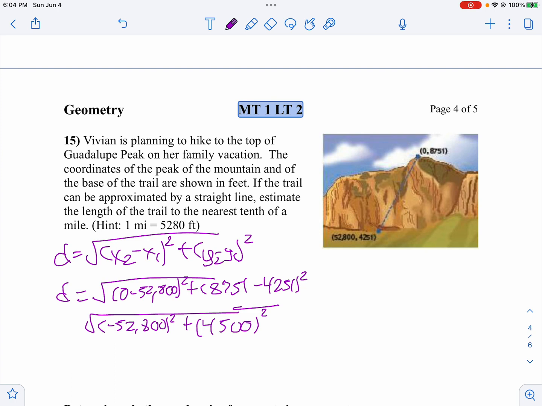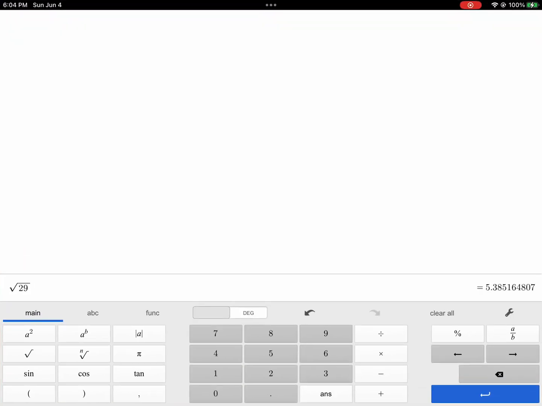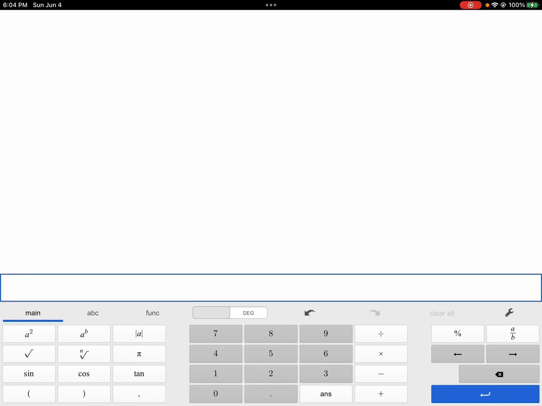Now, since these are going to be kind of big numbers, I think I'll just use my calculator at this point. I'm going to take 52,800. I'm going to square that. So I'll take negative 52,800, and I'll square that value.